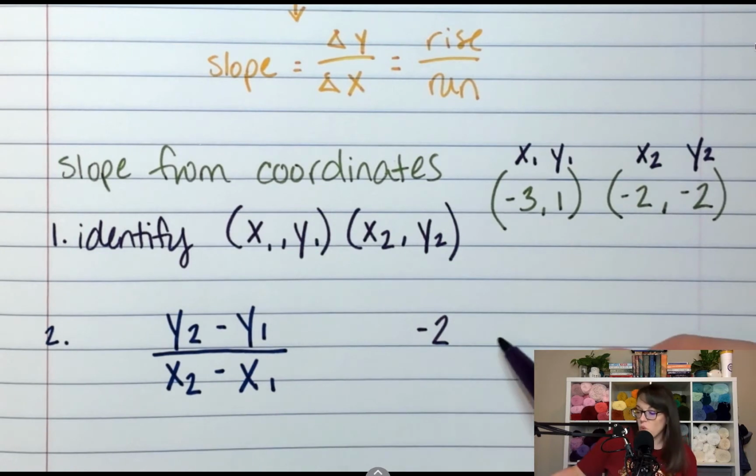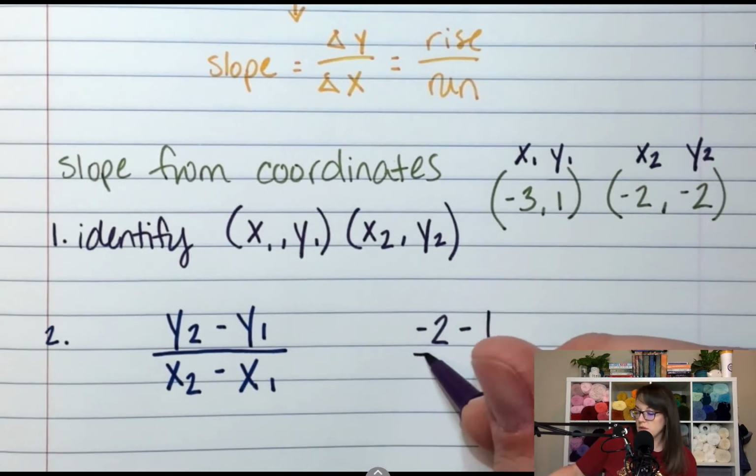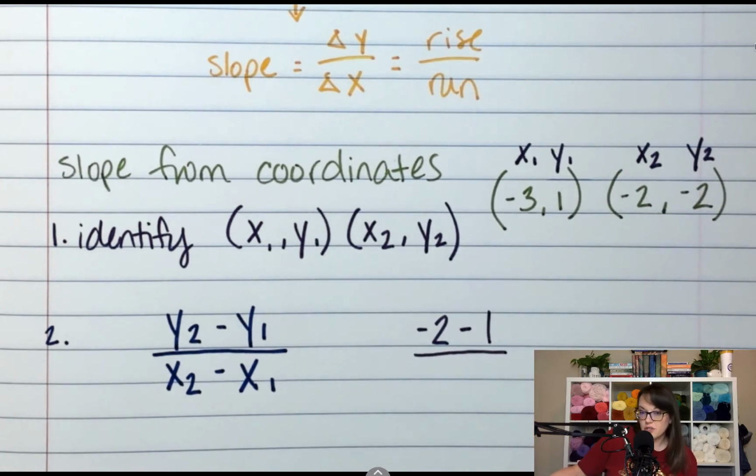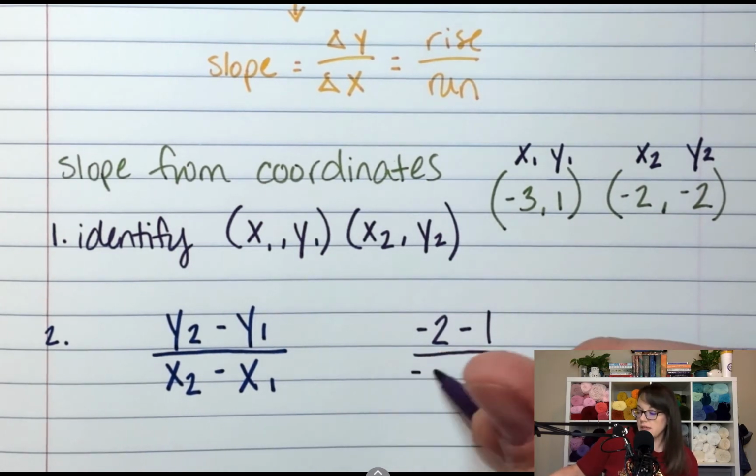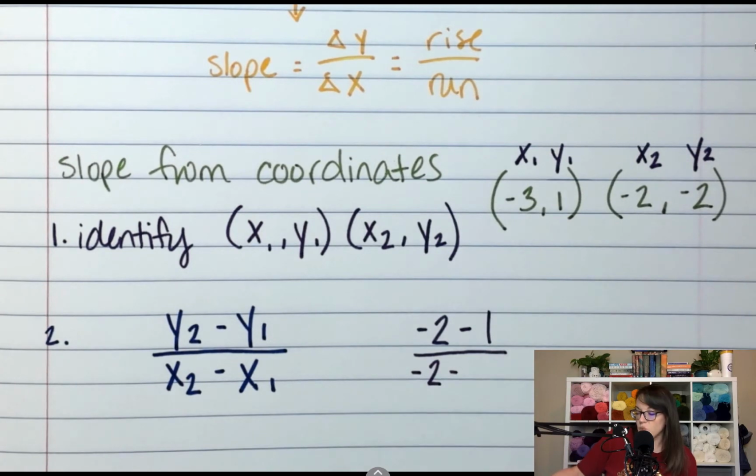Which one is y1? 1. Which one was x2? -2. And what about x1? -3.